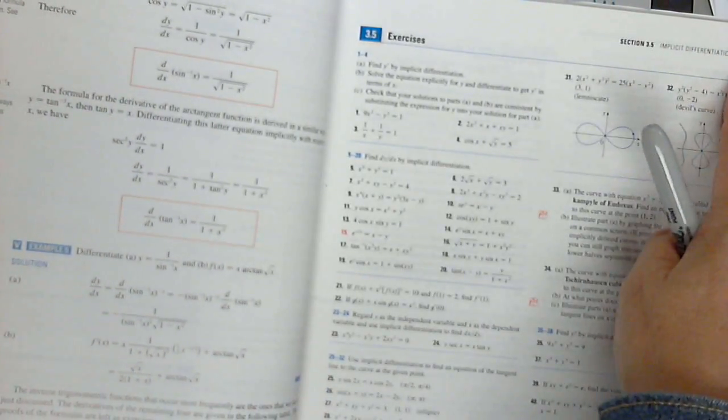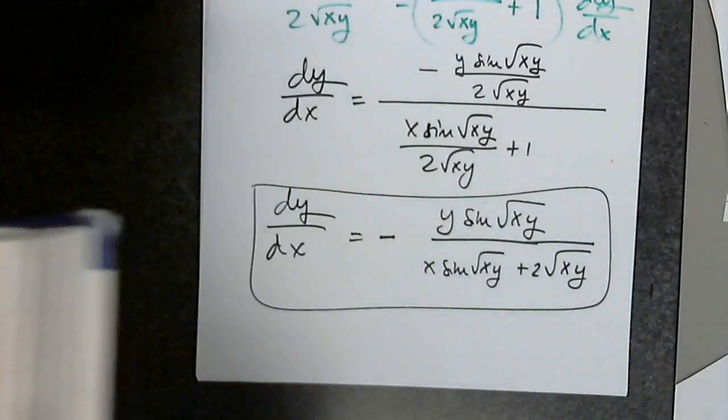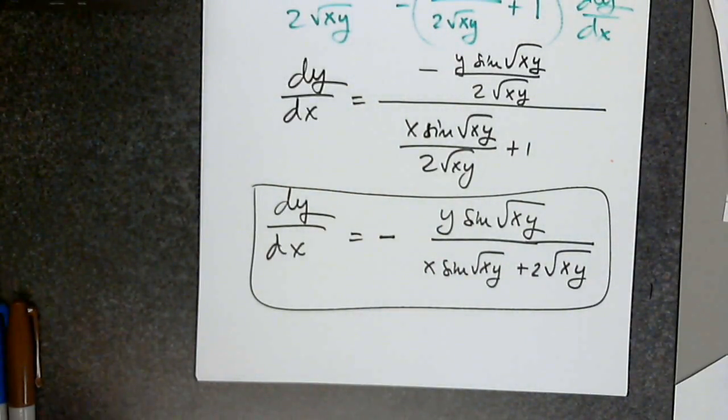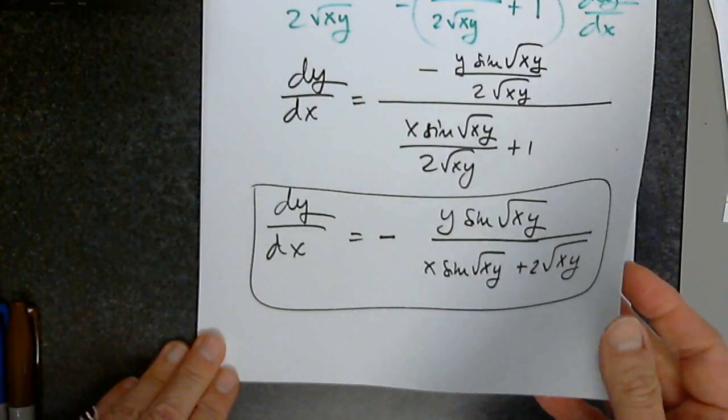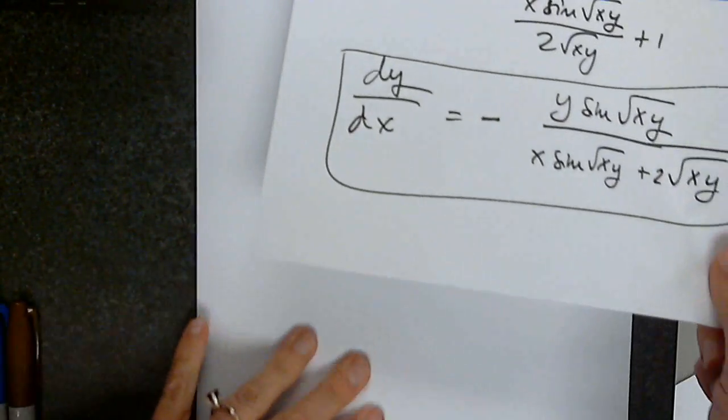So on page 2 to 15, from 5 through 32. Please choose one more to find dy over dx implicitly. Any problem that catches your eye.